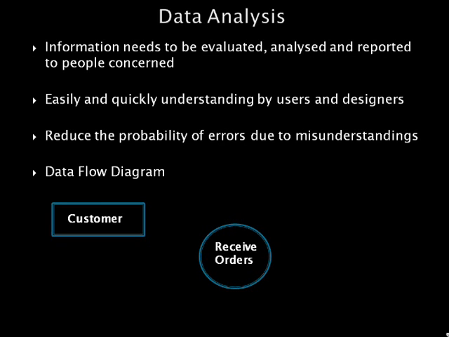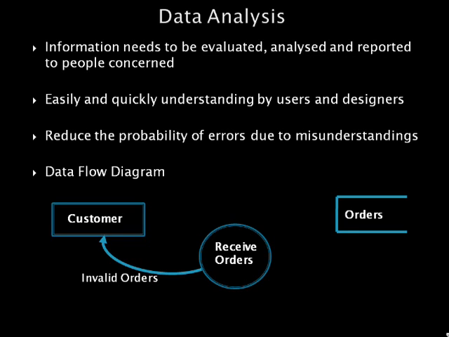A process is the action that are carried out with the data that flows around the system. And a data store, defined as orders. Data store is a place where data is stored temporarily or permanently. They are all linked, and this is represented by a data flow, which shows the flow of data to and from a process.